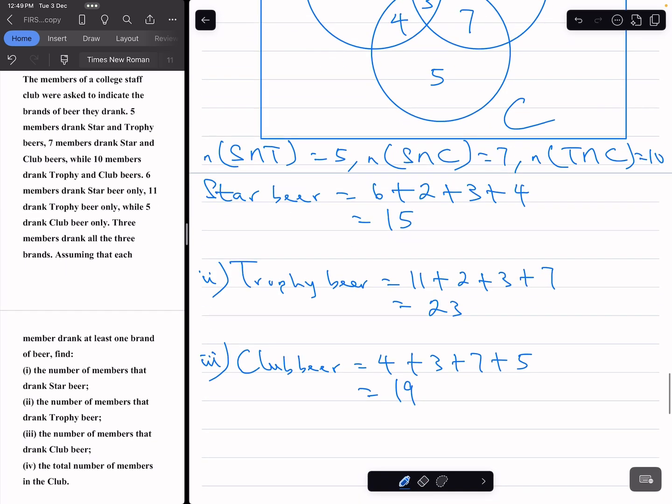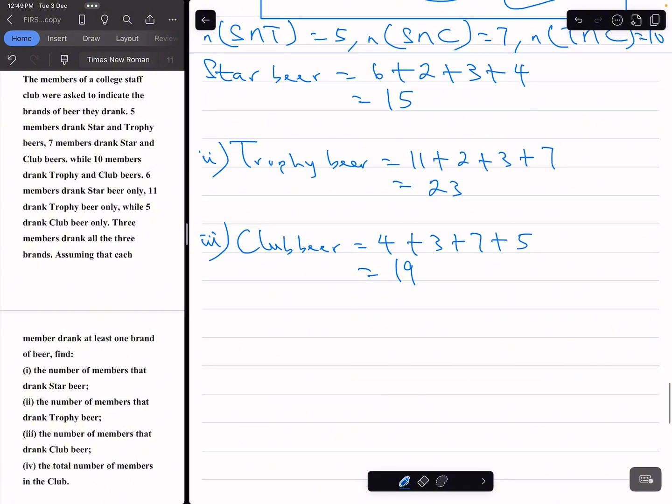Now to the next one, which is Roman figure 4. What does that say?